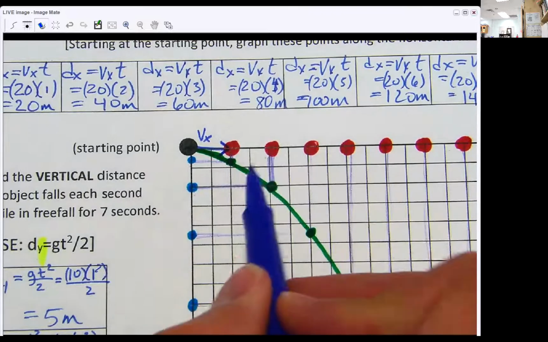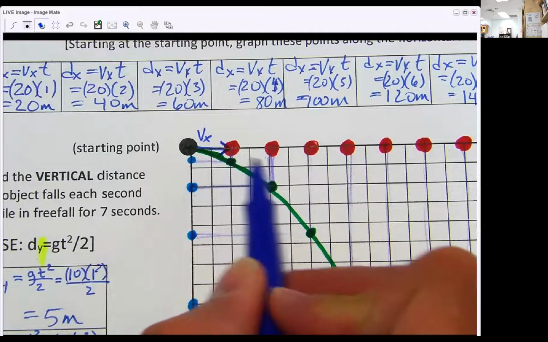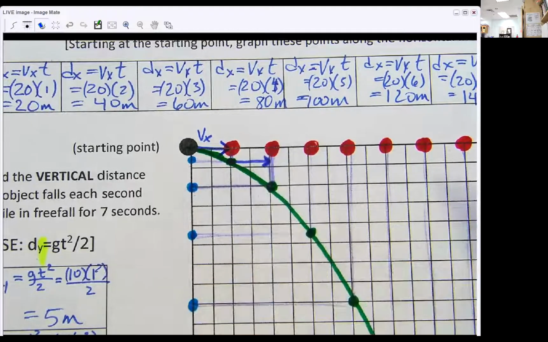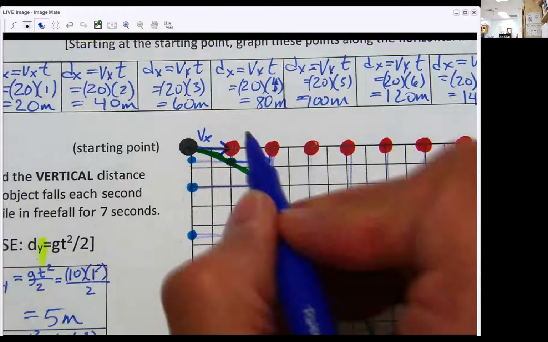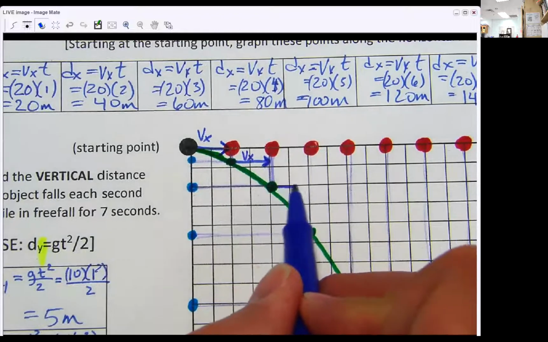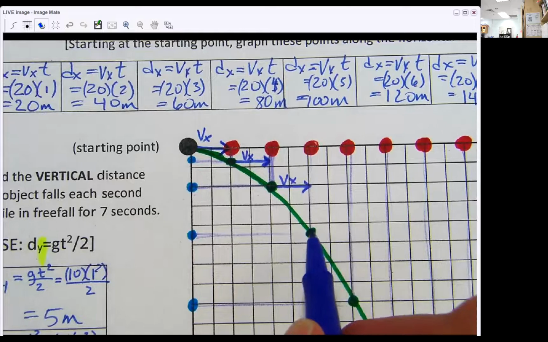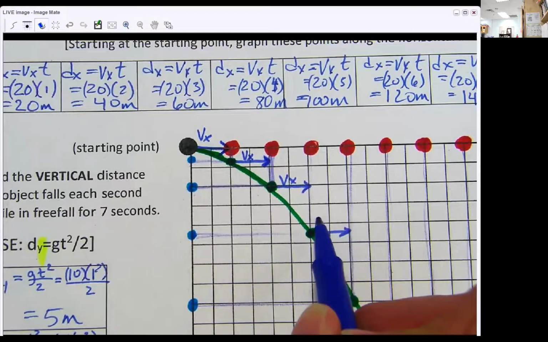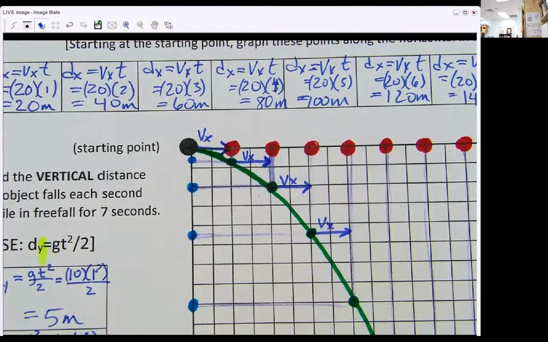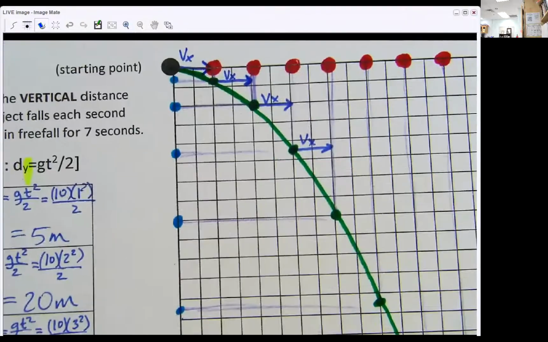I'm going to do that for the next one. I'm going to start at the actual path and end at the next position. And again, I'm going to label that V of X. For all of these, I'm going to put in my horizontal velocity and label it V of X, so that you get in the habit of labeling it correctly, and also you can see what you have.